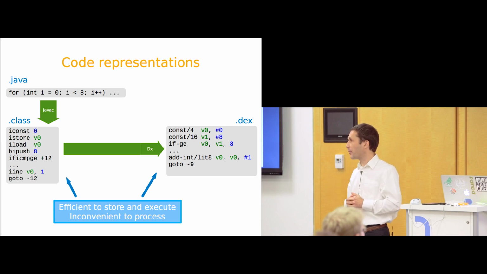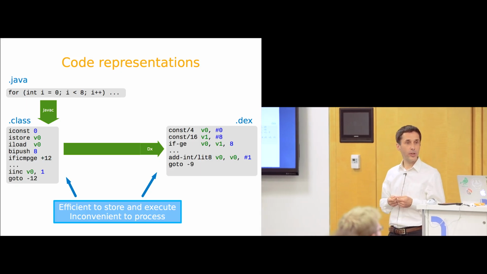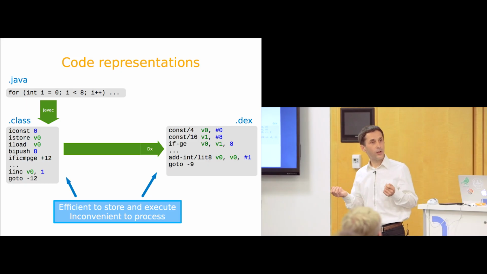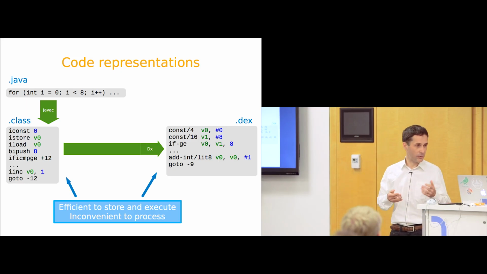They don't take up that much space. They're quite efficient to execute, but they're a bit inconvenient to process, to work on. They both have their quirks in manipulating them, in representing the meaning of your application.